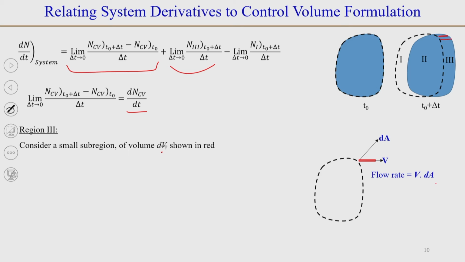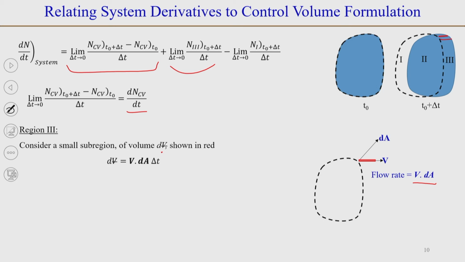The volumetric flow rate will be V dot dA, as we discussed just now: if V and dA are not collinear or not parallel to each other, then the volumetric flow rate that comes out through this area dA will be equal to V dot dA.